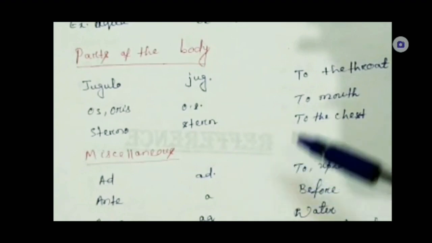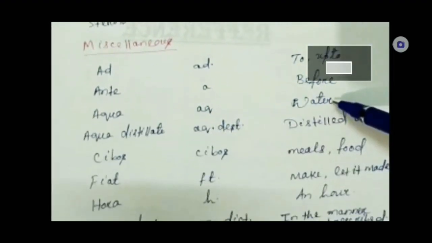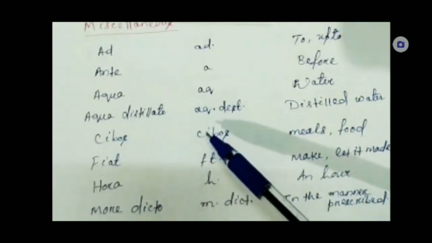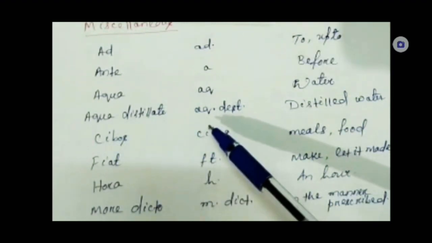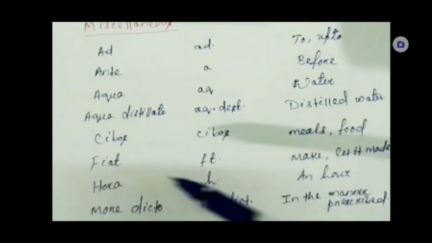Likewise, some miscellaneous terms are also used, like AD, to or up to. Ante, abbreviation A, is for before. Its meaning is before. Aqua, abbreviation AQ, meaning in English is water. Likewise, aqua distillata, AQ dist, its meaning is distilled water.